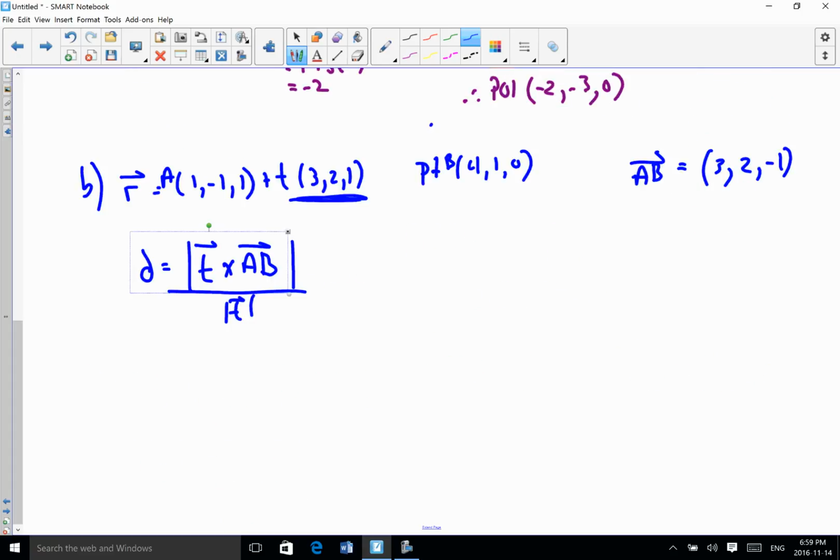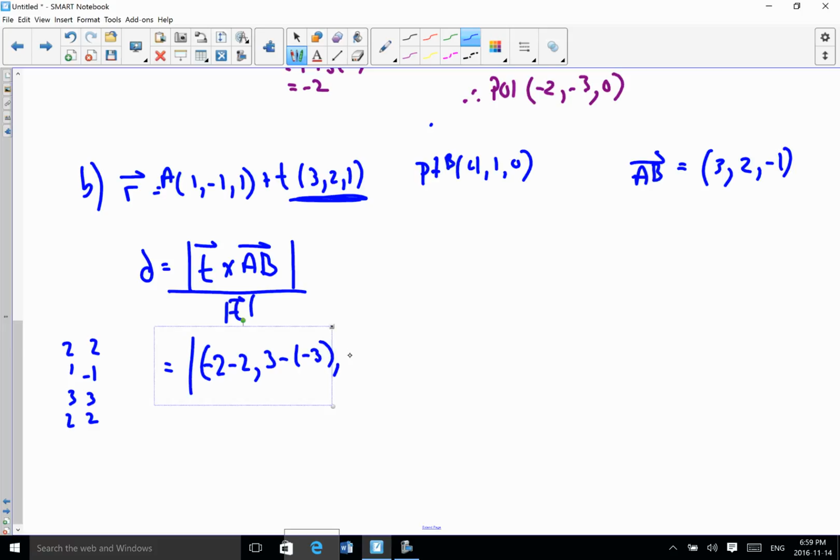Okay, so T is 3, 2, 1, and then AB is 3, 2, negative 1. So we're going to do the magnitude. Don't forget to do the magnitude after, okay? Negative 2 minus 2, and 3 minus negative 3, and 6 minus 6. There's our cross product over the root of 3 squared plus 2 squared plus 1 squared.